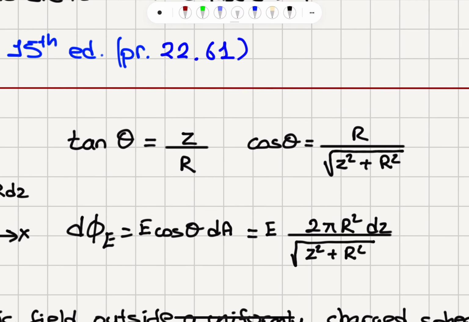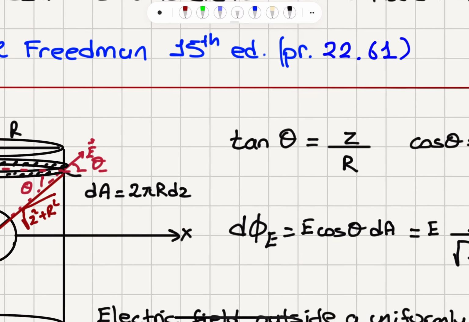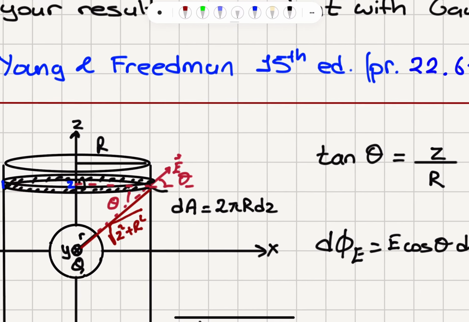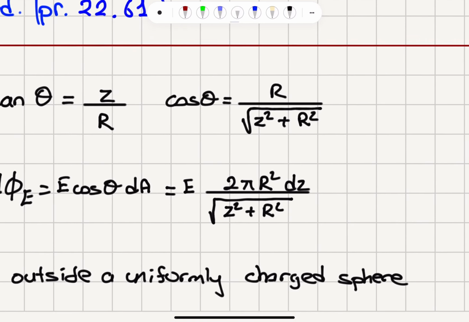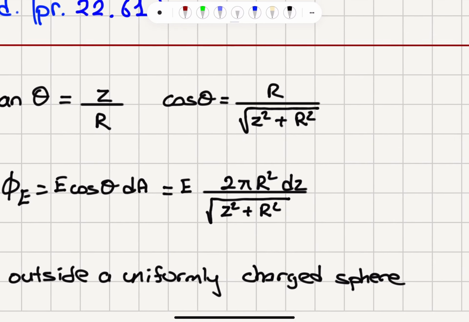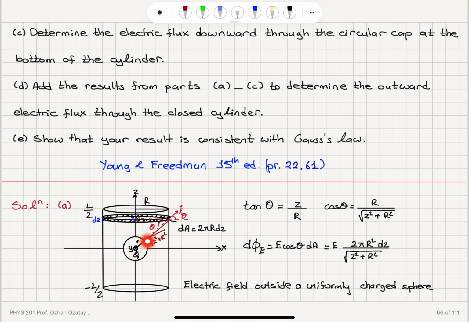So E multiplied with dA, which is 2πR dz, the circumference multiplied by the height. So that gives me, with this R, 2πR squared dz divided by the square root of z squared plus R squared. The next task is to calculate the electric field created by this uniformly charged sphere at this point.